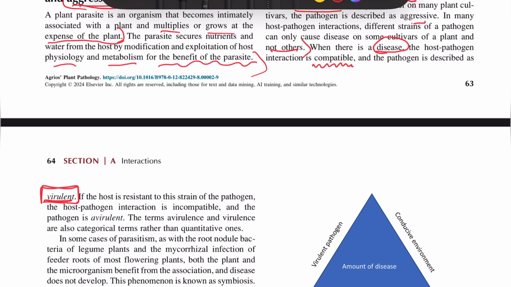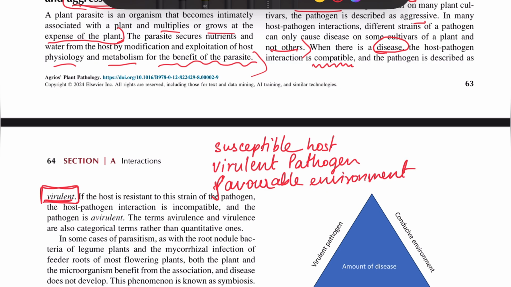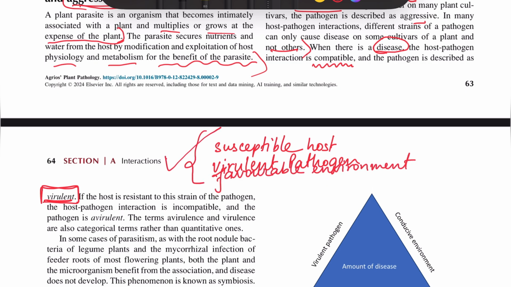Susceptible host, virulent pathogen, and favorable environment. These three are necessary for a disease to occur in a plant.